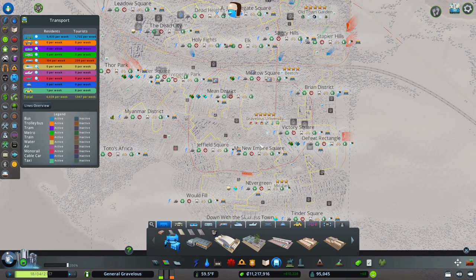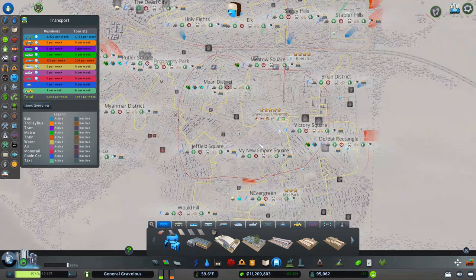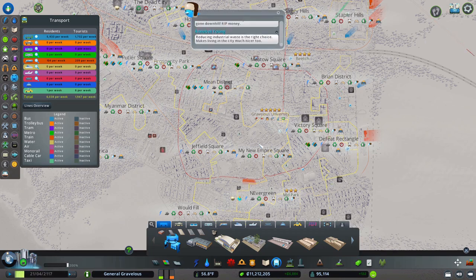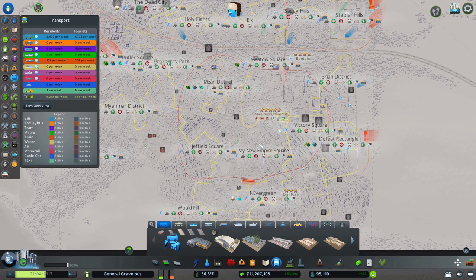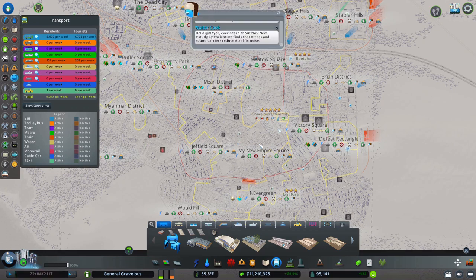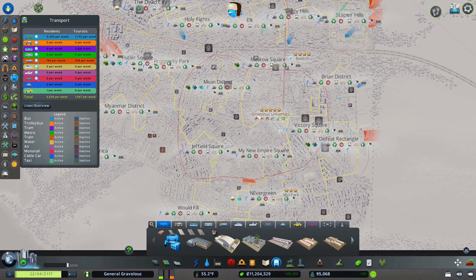But it's all separated, so it doesn't contribute to traffic, but it does affect it in the way that it takes people out of their basic cars.